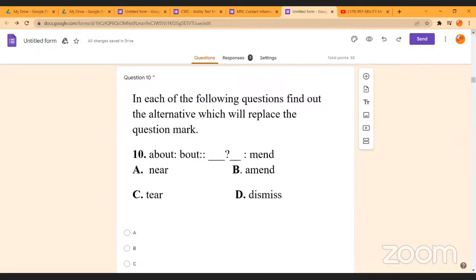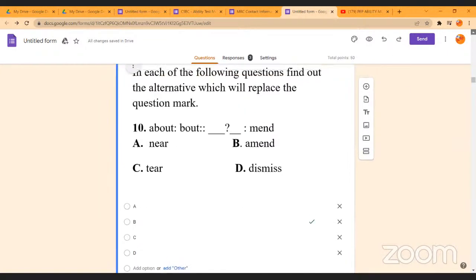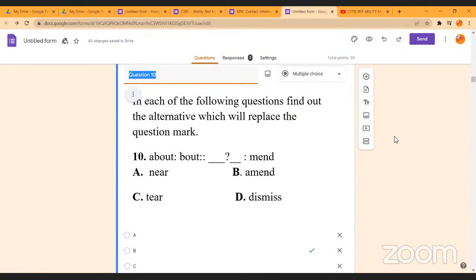In each question, find out the alternative which will replace the question mark. Okay. Go, Cameron. You read the options.